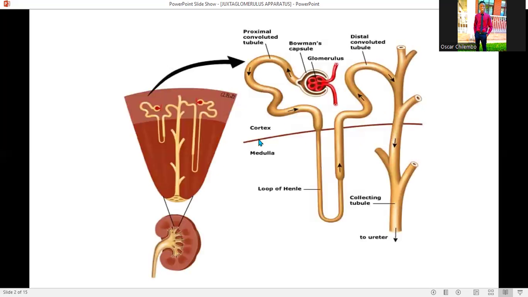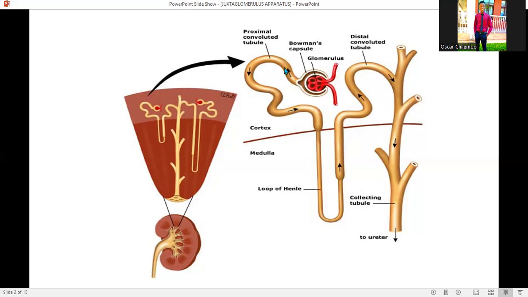We looked at the tubular part, then we looked at the vascular part, and then the last part that we looked at was the tubulovascular classification. The tubulovascular is the one that in the previous lecture I described as the juxtaglomerular apparatus, where the vascular and the tubular are meeting.